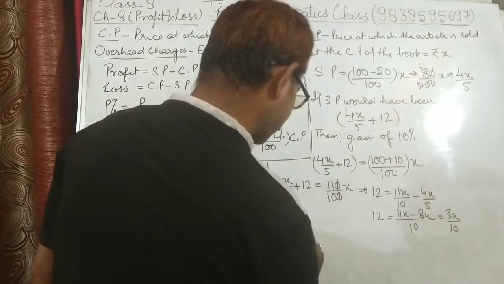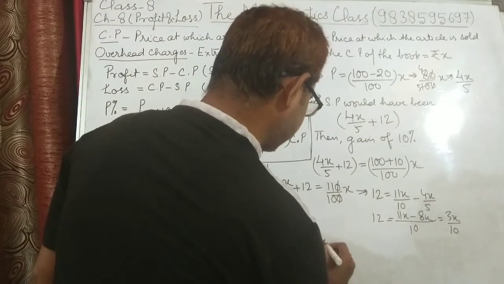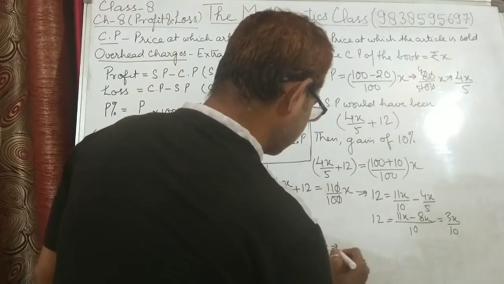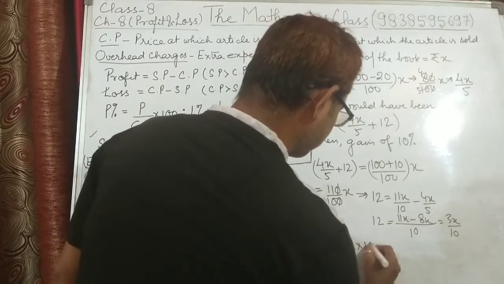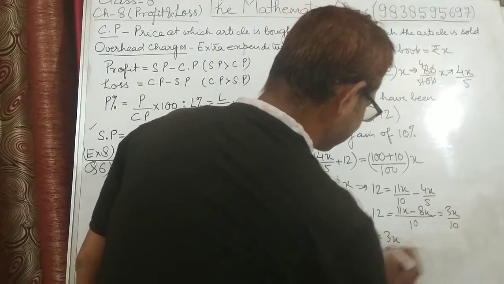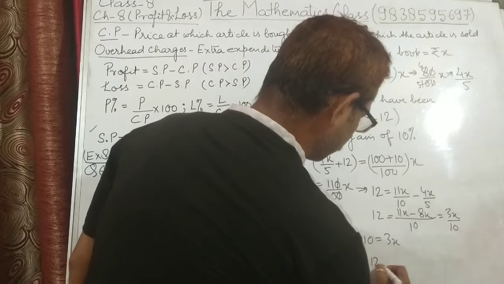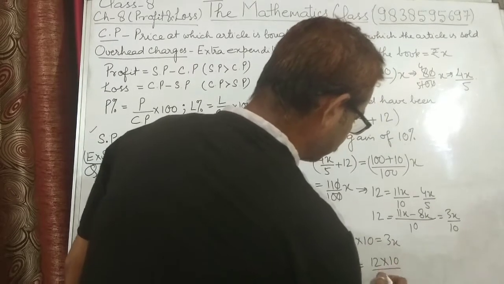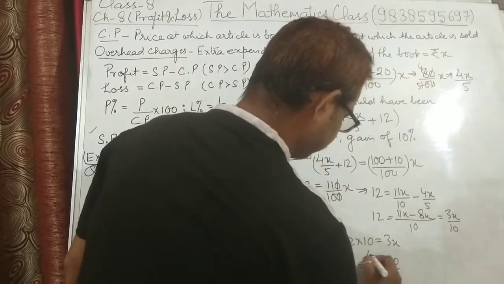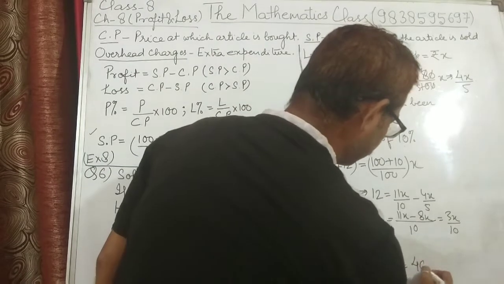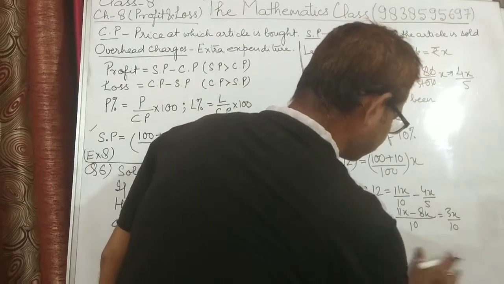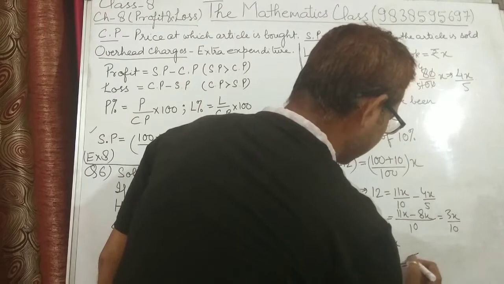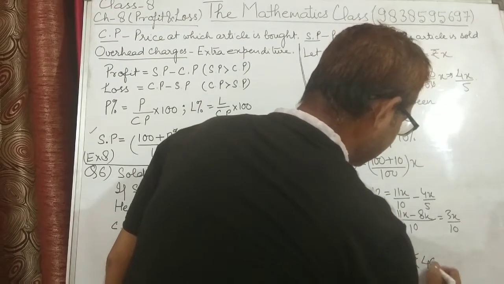So 12 is equal to 3X upon 10, cross multiply, 12 into 10 is equal to 3X. So X is equal to 12 into 10 upon 3. 3 4s are 12. 40 rupees is the cost price of that article.